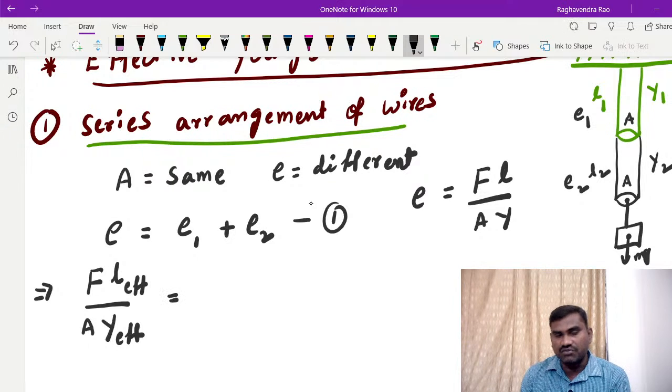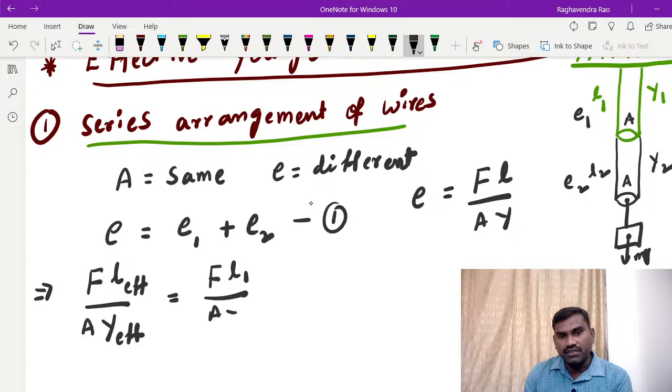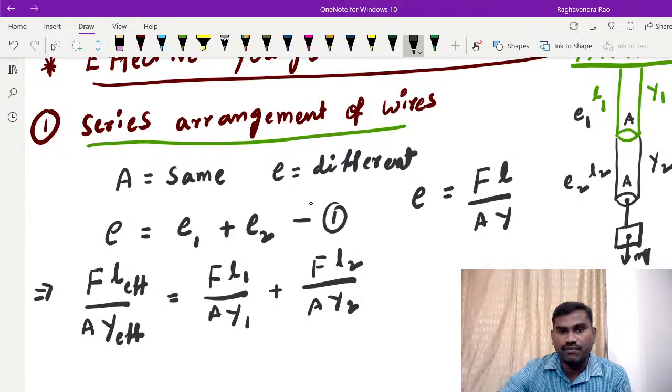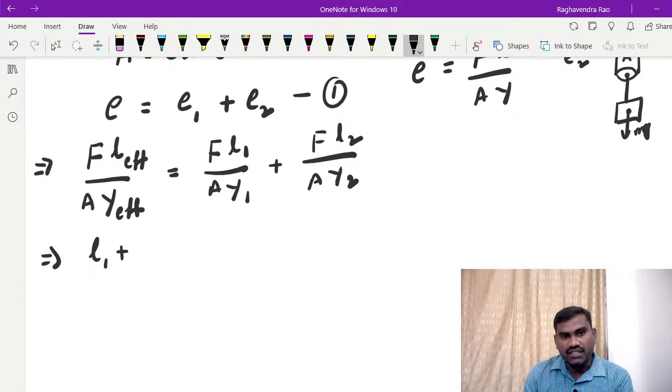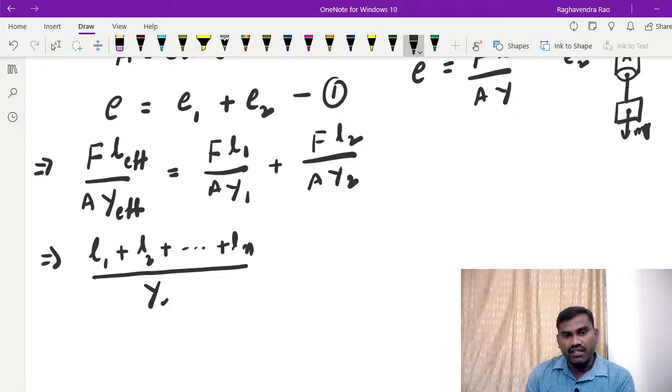E1 is related to the first wire, that means F L1 by A into Y1 plus F L2 by A into Y2. That means F by A will cancel, and we can write L effective as L1 plus L2 plus so on plus Ln in general term by Y effective.